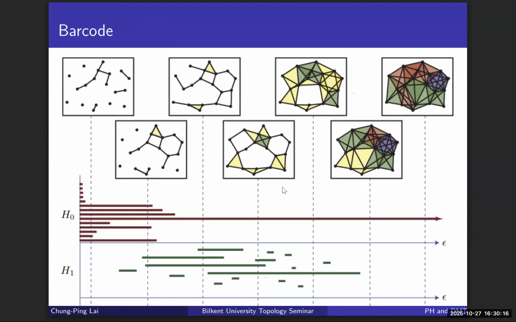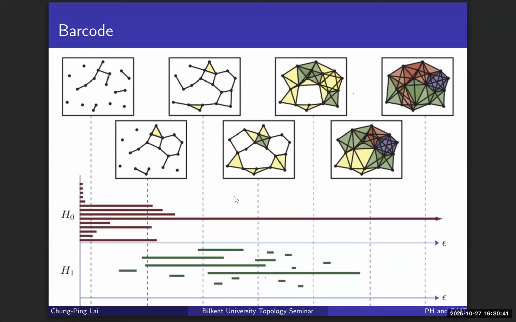The main usage of persistent homology is mostly in applied scenarios, and people really like to use it for neuroscience, etc. Neuroscience is a huge application of persistent homology.